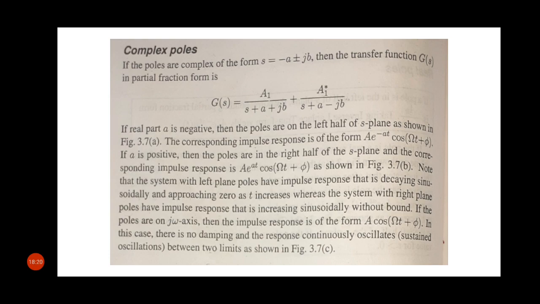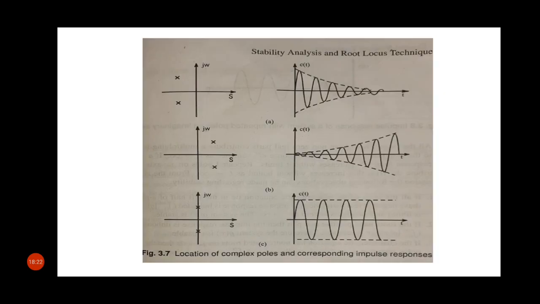If the real part a is negative, then the poles are on the left half of the s-plane as shown in figure A. And the corresponding impulse response is of the form A e to the power minus at cos(omega t plus phi).